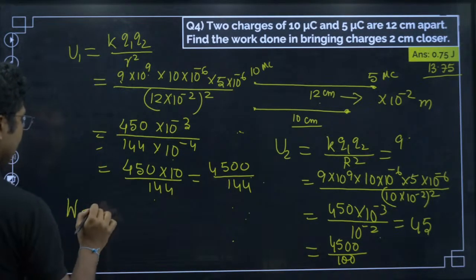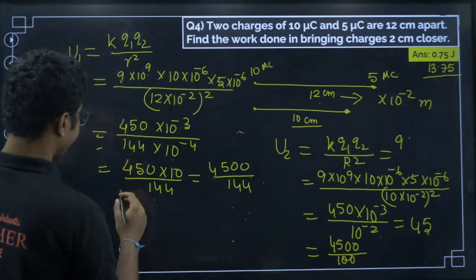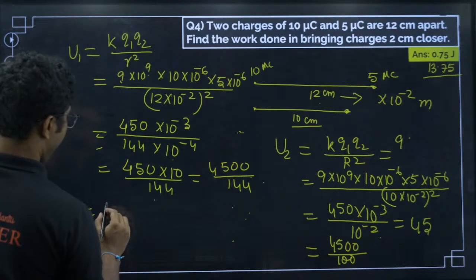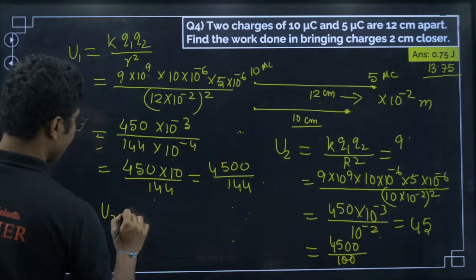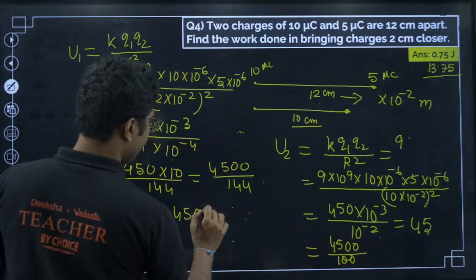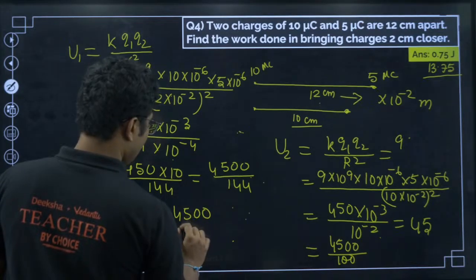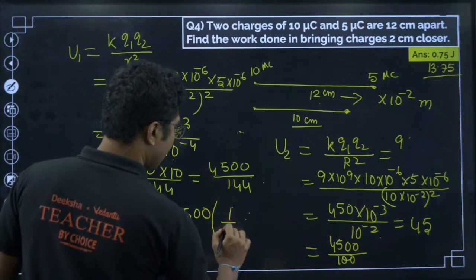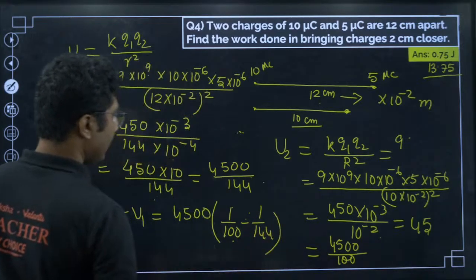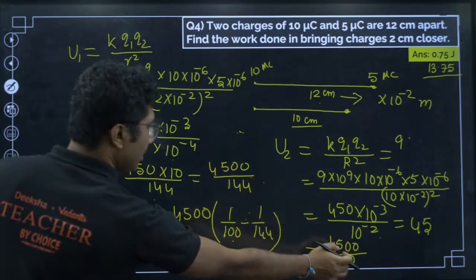Now what is the difference? Work done is basically the difference in potential energy, U2 minus U1, that is 4500 common, 1 by 100 minus 1 by 144. So this is common, right.